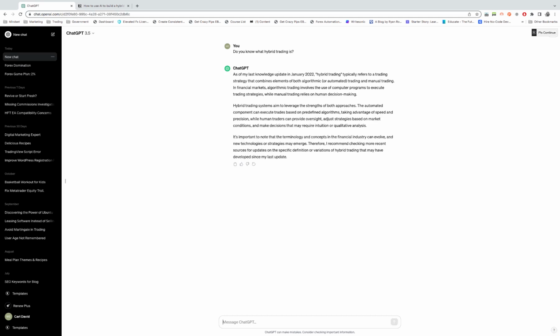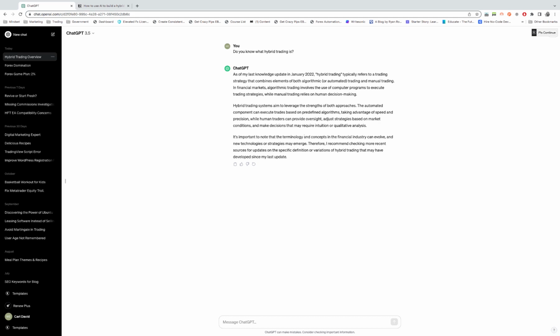As of my last knowledge update, hybrid trading refers to a trading strategy that combines elements of both algorithmic or automated trading and manual trading. So you are making all of the decisions, and you're simply using software to automate certain parts of your trading. Hybrid trading systems aim to leverage the strengths of both approaches. The automated component can execute trades based on predefined algorithms, taking advantage of speed, while human traders can provide oversight and adjust strategies based on the market conditions.